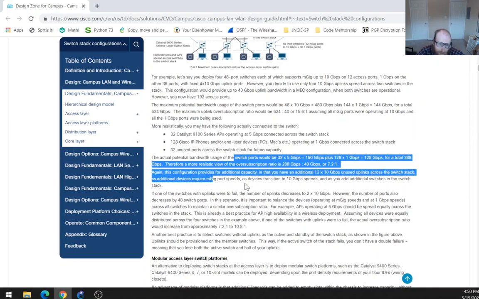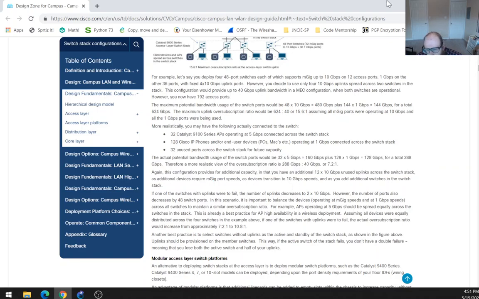Again, this configuration provides for additional capacity in that you have an additional 12 times 10 Gbps unused uplinks across the switch stack, as additional devices require M gig port speeds, as devices transition to 10 Gbps speeds, and as you add additional switches in the switch stack.